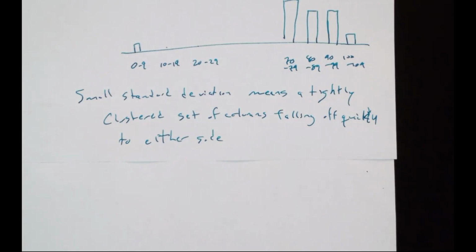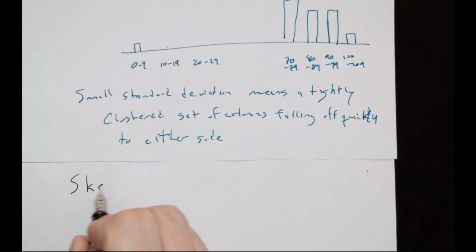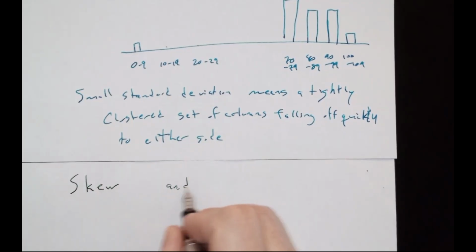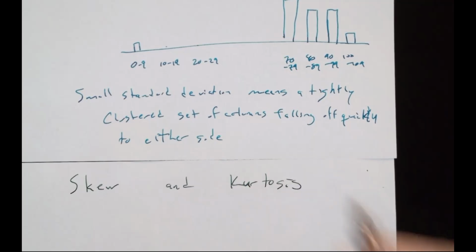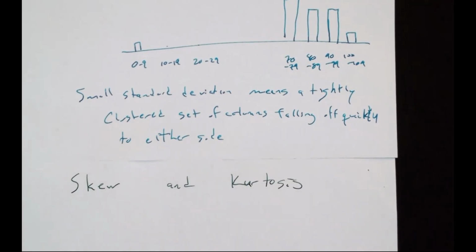I'm going to add another descriptor. Actually, two, but they're related. Skew and kurtosis.